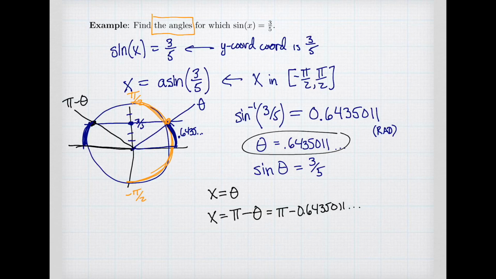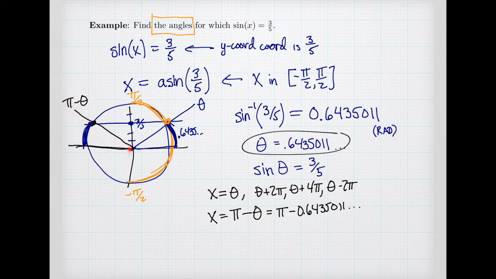Those are the only two points on the unit circle, but there are infinitely many turns that you can use to get there. So for example, I'm back where I started if I go theta plus 2 pi, or theta plus 4 pi, or theta minus 2 pi. Those all land me on this first quadrant angle.